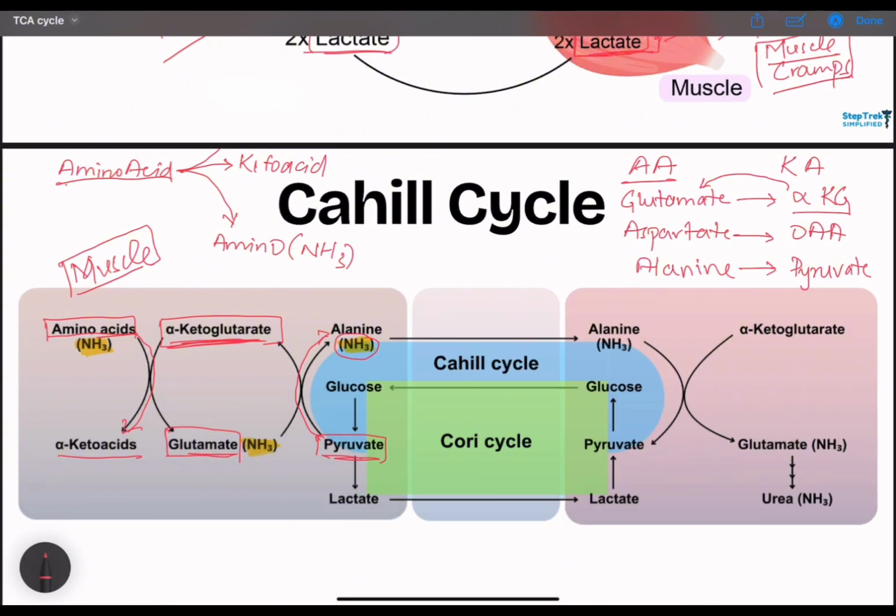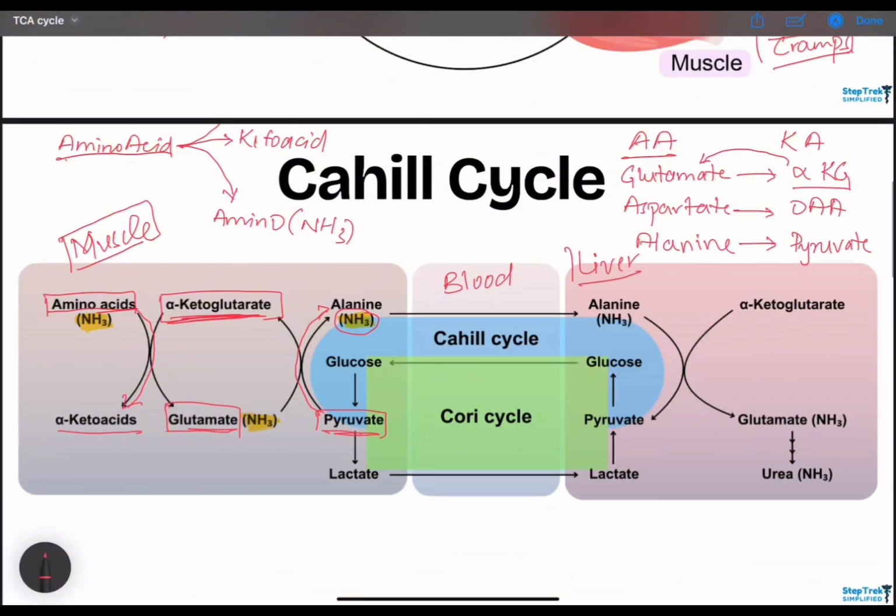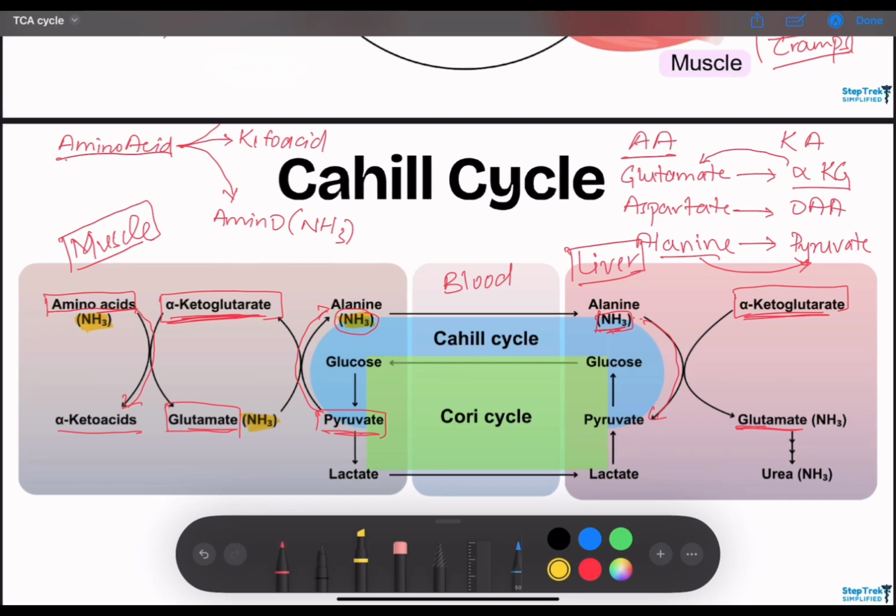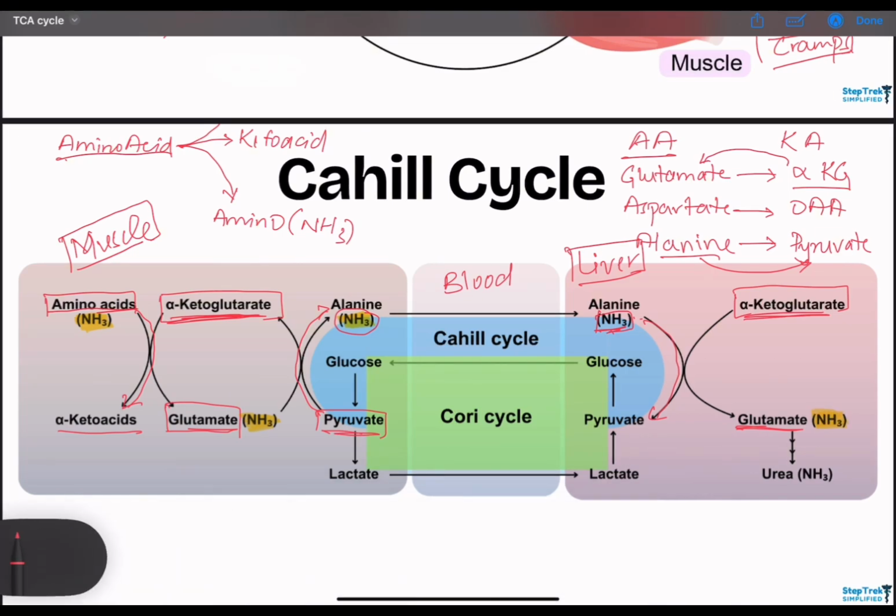Now this alanine can enter the blood and go to the liver. This is liver. In liver, alanine again loses the amino group, thus alanine is converted into pyruvate, and alpha ketoglutarate of the liver accepts this amino group and is converted into glutamate, and this amino group enters the urea cycle of the liver, and thus the nitrogens are excreted from our body.